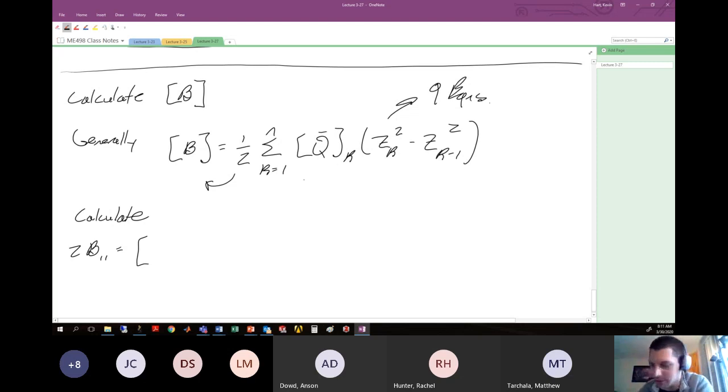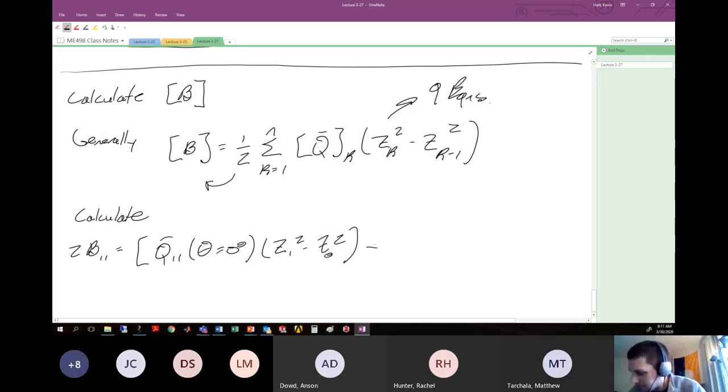So the contribution of the first layer: we have the Q bar 11 entry, and this first layer is at the orientation of theta equals 0 degrees, and we multiply that by z1 squared minus z0 squared.